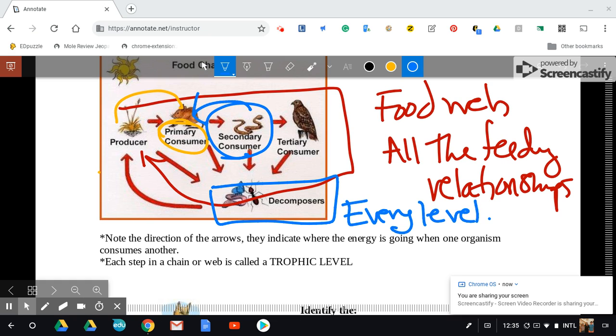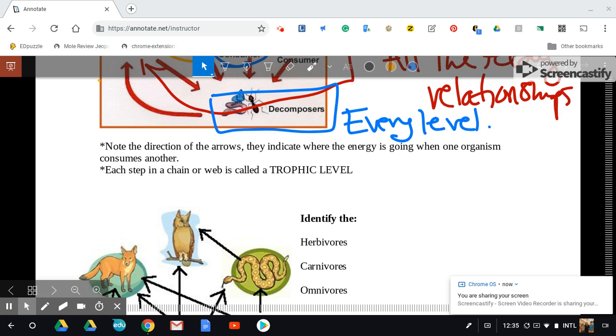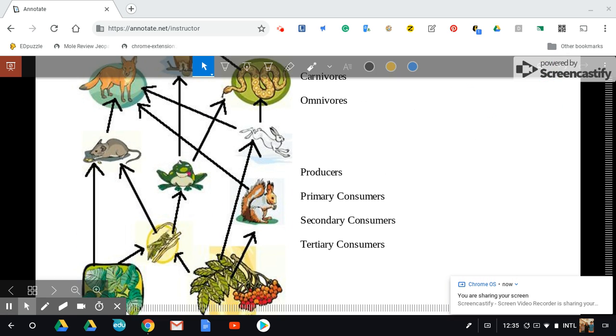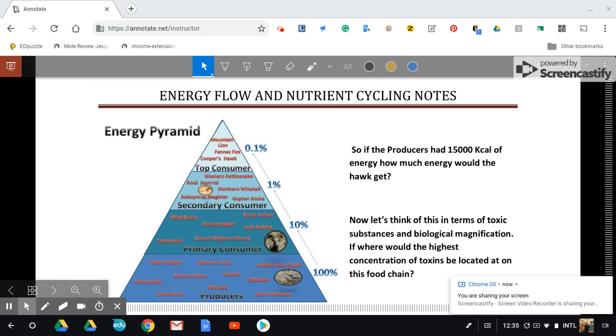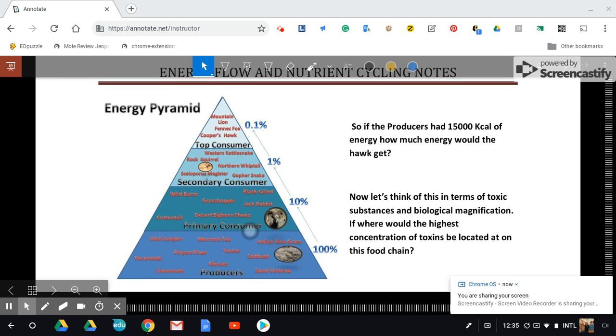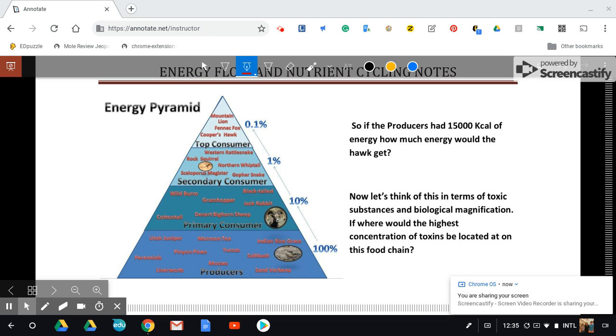Now, I'm going to scroll up because you had this tonight for homework. You had to identify these different things. So let's look at our energy pyramid. I made the comment to you today that only 10% goes to each trophic level. You see how my numbers started off as 100, then I get 10% of that, 10, then 1, and then 0.1.